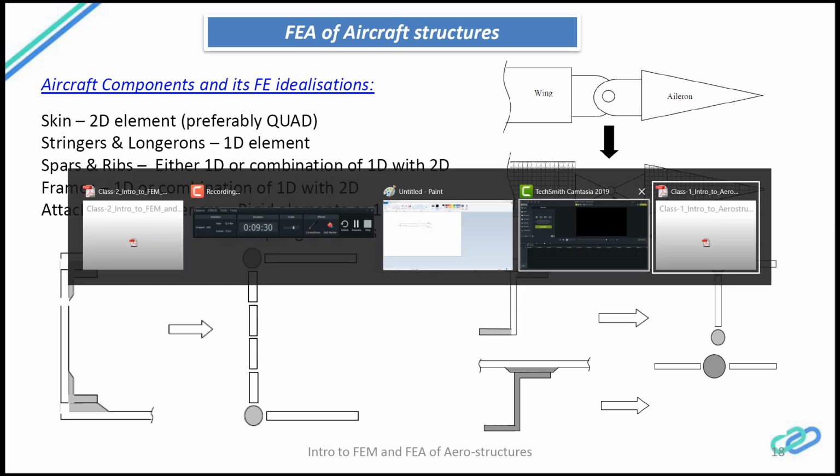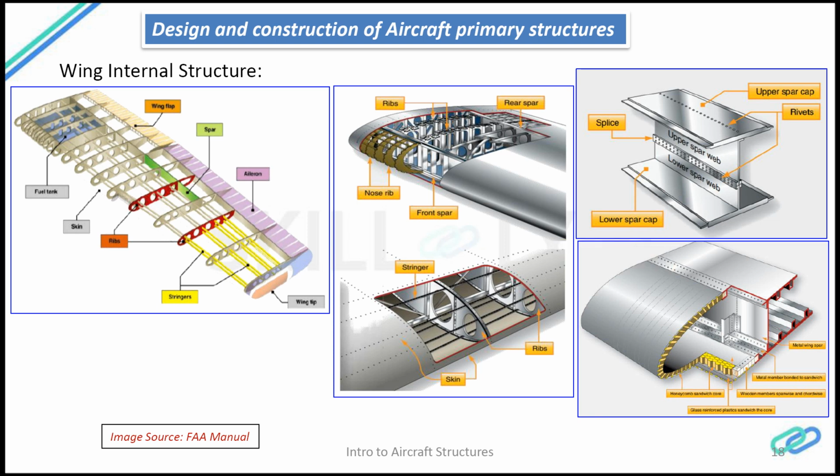If I am going back to lecture 1, you can see that the spar is more or less like a beam, with the flanges modeled as 2D elements, and the intersection between the flange and web modeled as 1D, or sometimes the entire flange is modeled as a 1D element with the web modeled as a 2D element.